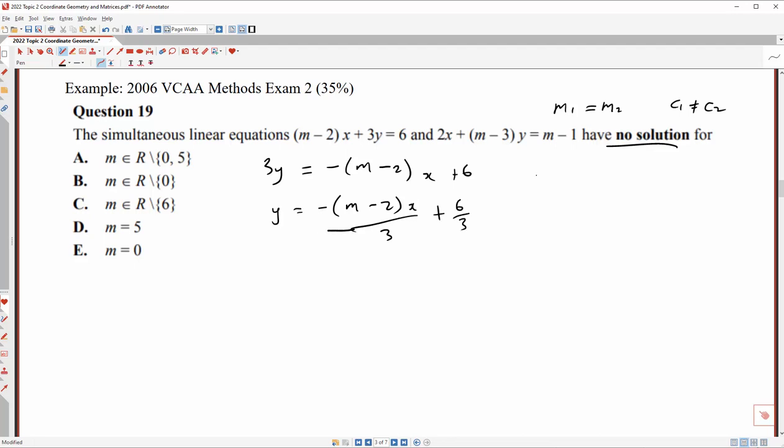Alright, the other one was y equals, and I'm going to put negative 2x over m take 3 plus m take 1 over m take 3. Okay, so ready to pair the gradients.